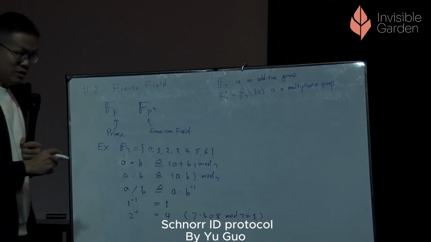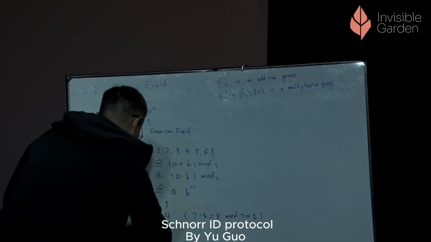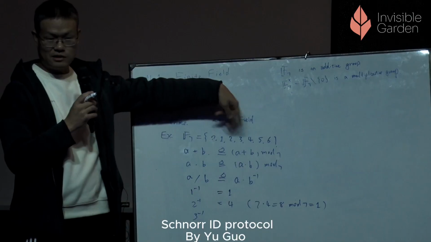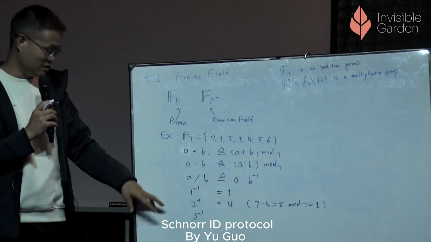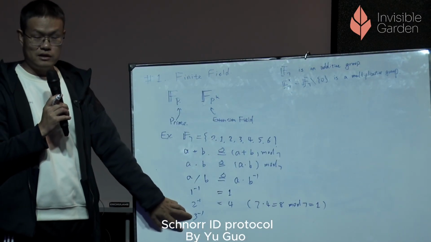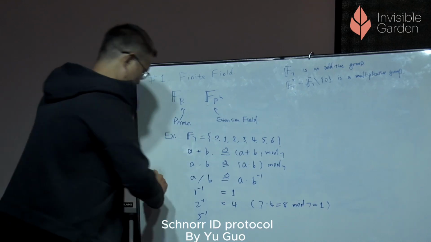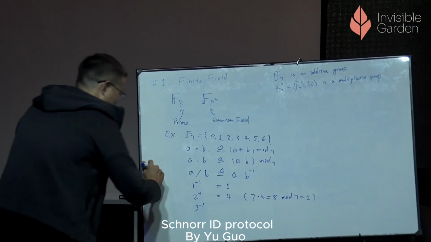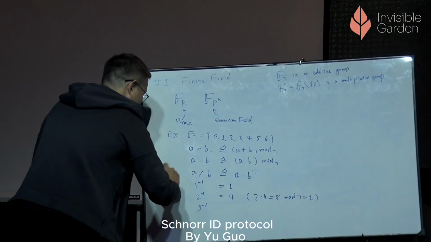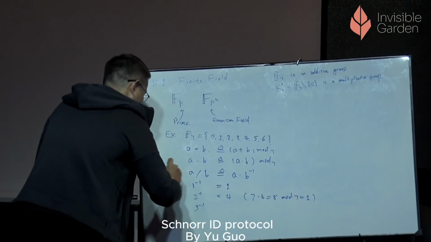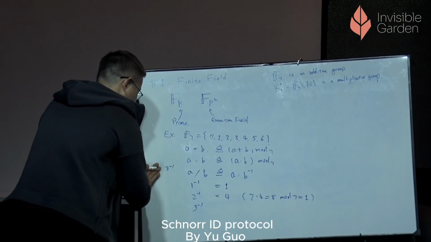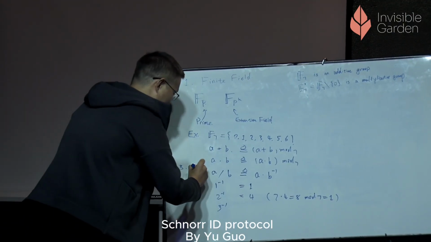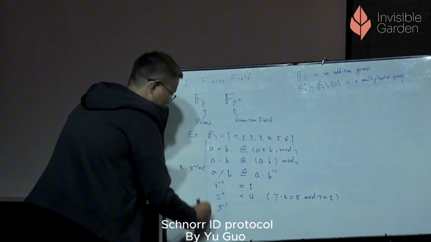Can anyone answer what the inverse of 3 is, still in the set except 0? Inverse means 3 times the inverse of 3 equals 1.